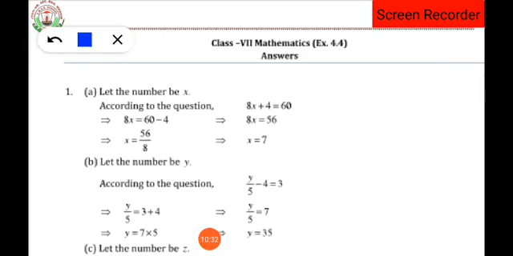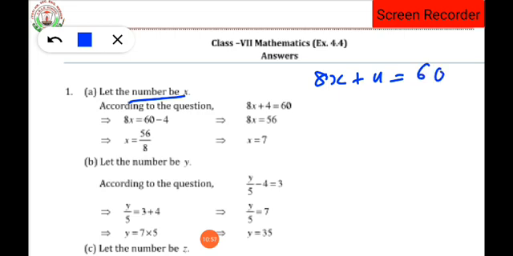So first a number means you have to consider let a number be x. ओके, अ नंबर में क्या कंसिडर करना है, लेट दैट नंबर बी x वी आर गोइंग टू कंसिडर. So that number will be added with 8x will be added with 4 to get the value 60.